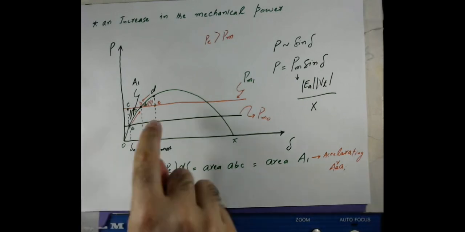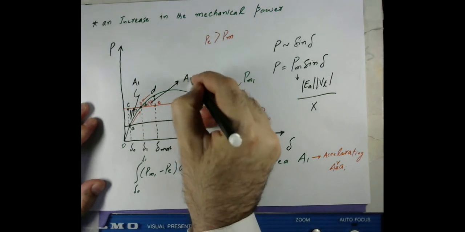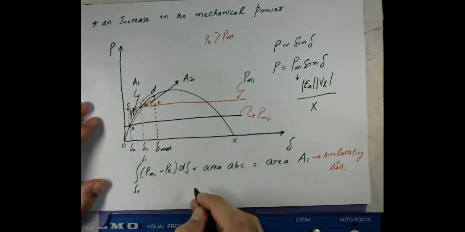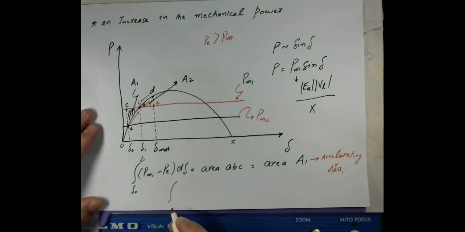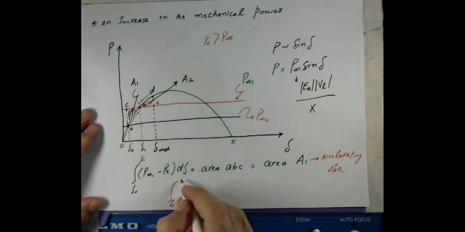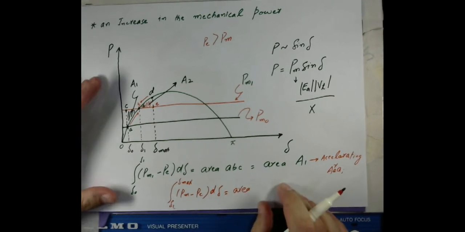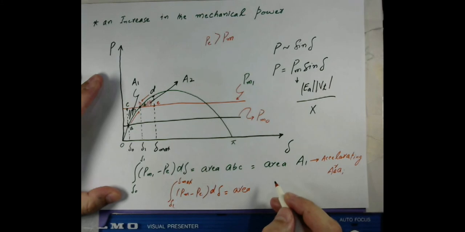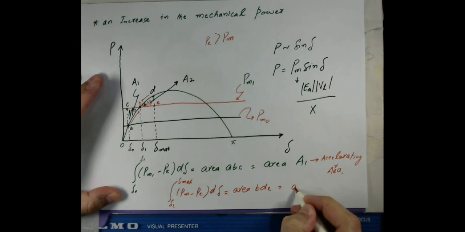Now if we find the area, we call it A2: the area under the curve from del to del max, the integral of PM minus PE d delta, area B D E B, which we call area A2.